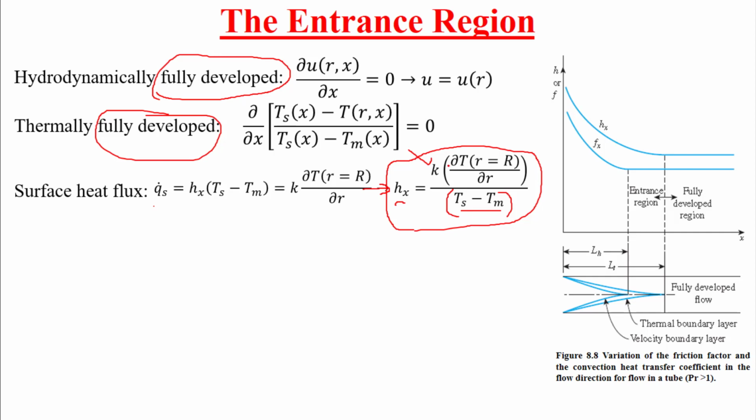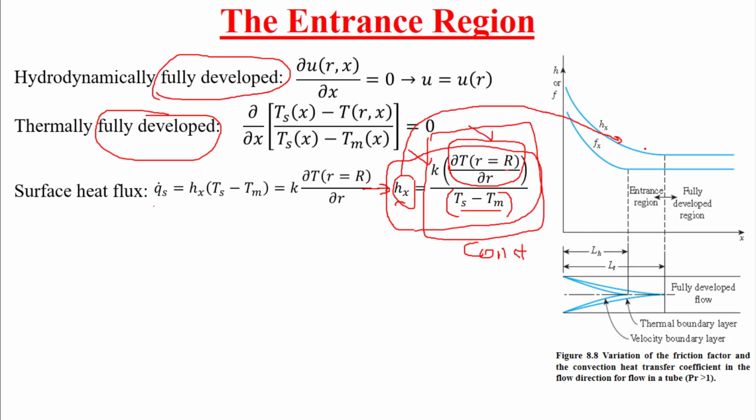If we differentiate this function with respect to r, it remains constant. Why? Because T in the fully developed region depends on the radius, not on the location x. So as a whole, this equation is constant. As a conclusion, h is equal to a constant value, and this is the same conclusion that we got from here.